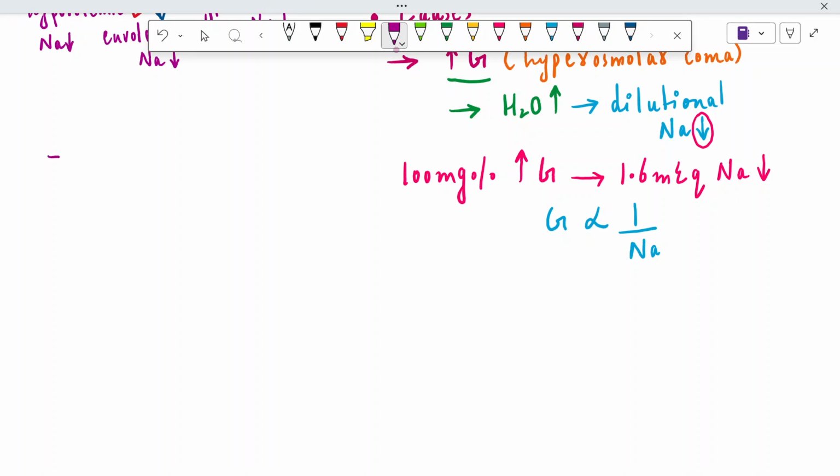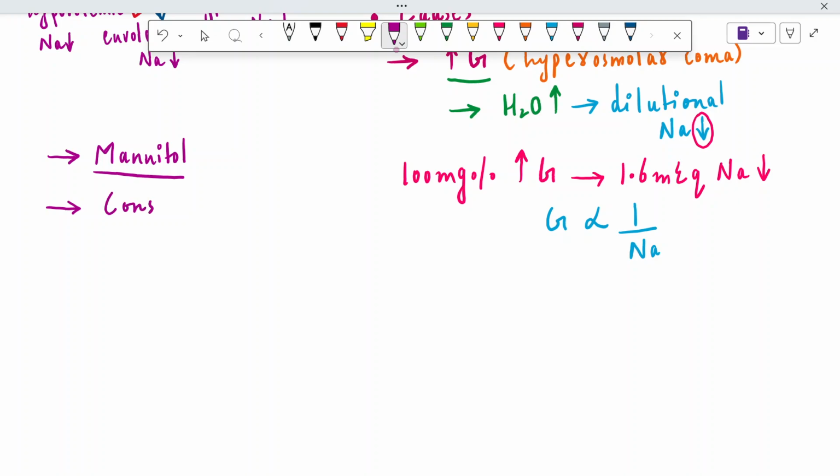What other etiological factor can be there apart from hyperglycemia? It can be mannitol. What is mannitol? Mannitol is an osmotically active substance or molecule. It creates an osmotic gradient for the water. For example, if a person is having mannitol toxicity, it will definitely lead to hypertonic hyponatremia. What other?